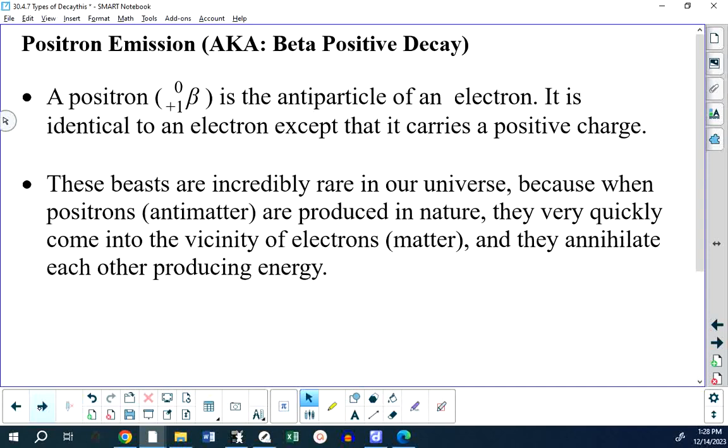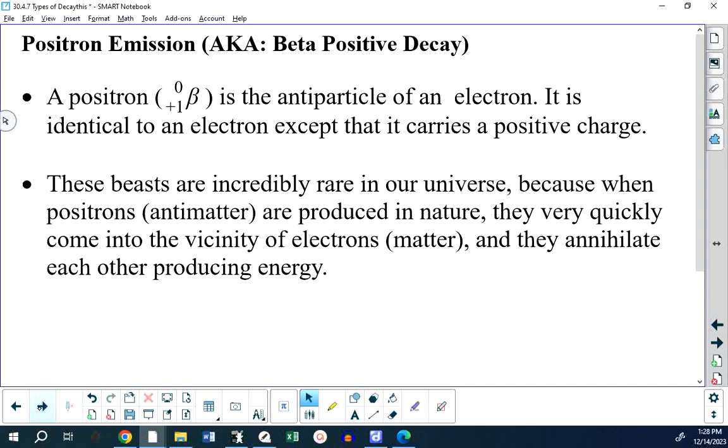These things are incredibly rare in the universe. It just so happens, and you'll understand why, I hope, in a minute, that when our universe was formed, the matter won out over the antimatter. There is more matter in our universe than antimatter. And the reason for that is when matter, like electrons, comes into contact with antimatter, like positrons, they disappear.